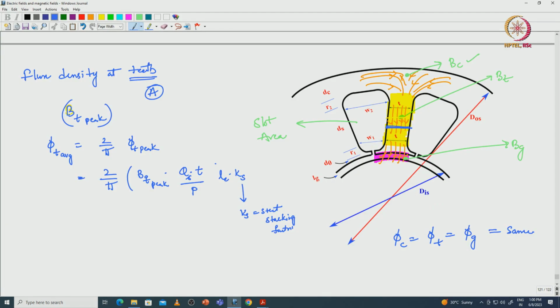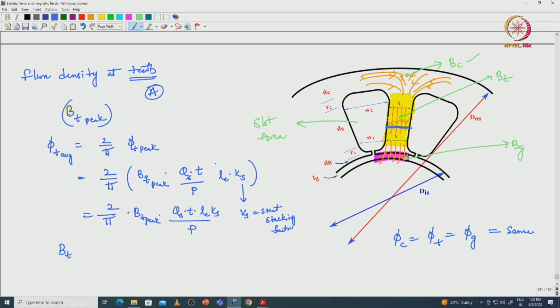Per pole if you want, then by P we have to add, okay. This is the total area, then 2 by pi Bt peak Qs into T Le Ks divided by P, this is the average flux at the teeth.